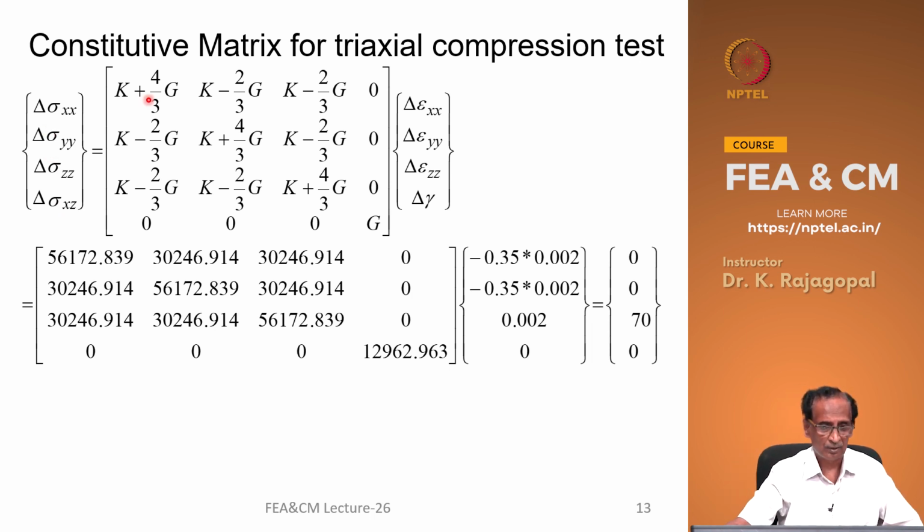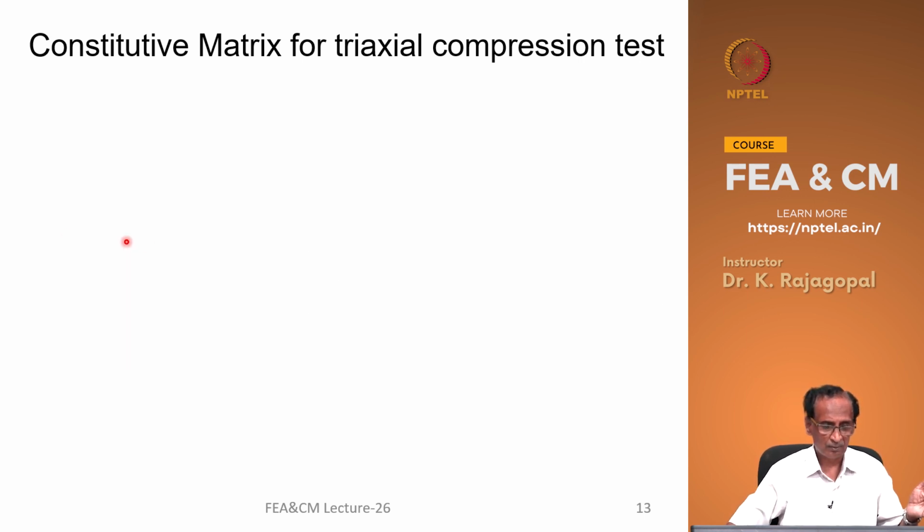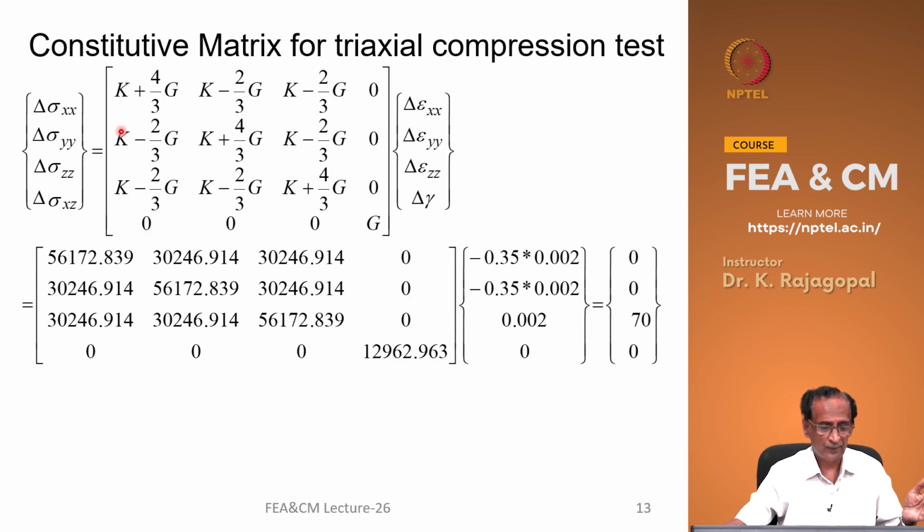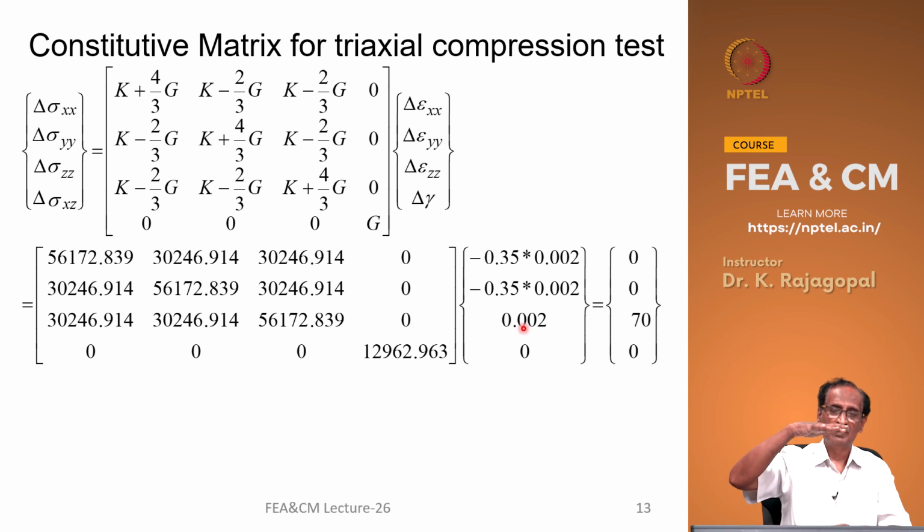Our k plus 4/3 g, from the previous step we have calculated both k and g. If you calculate k plus 4/3 g, it is 56,172, and k minus 2/3 g is this. Our strain increment is minus 0.35 times 0.002 in both x and y directions, and then delta epsilon z is 0.002, because if you are compressing in the axial direction, there has to be an expansion in the radial direction.